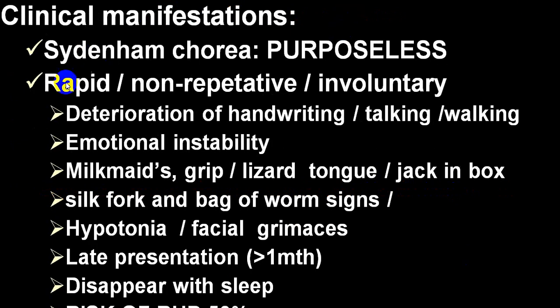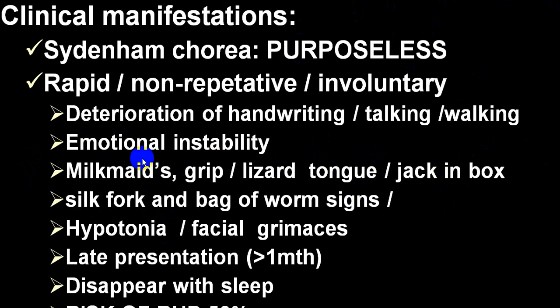So it is a rapid, non-repetitive, involuntary movement, deterioration of handwriting, deterioration in talking, walking, emotional instability, and this is all purposeless movement. There is also description as a milkmaid grip or milkmaid signs, lizard tongue, jack in box, silk fork, and bag of worm signs.